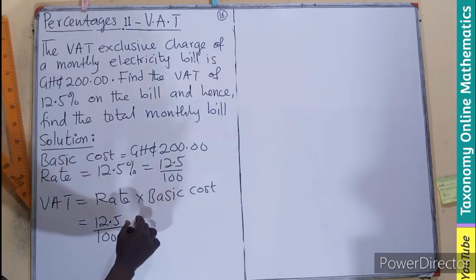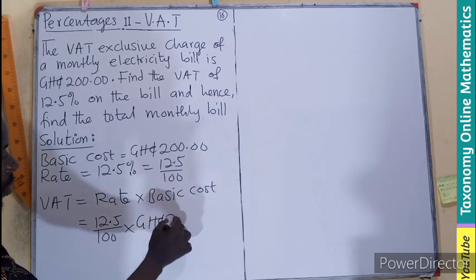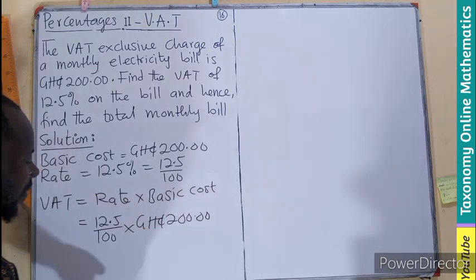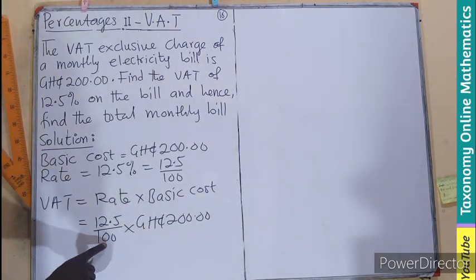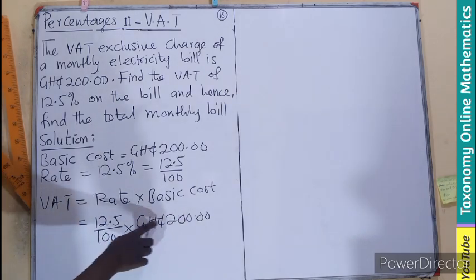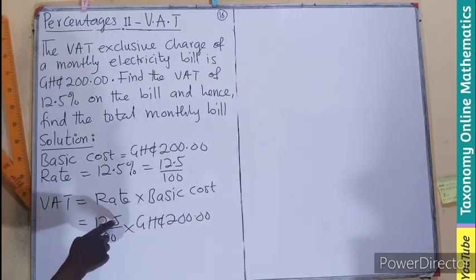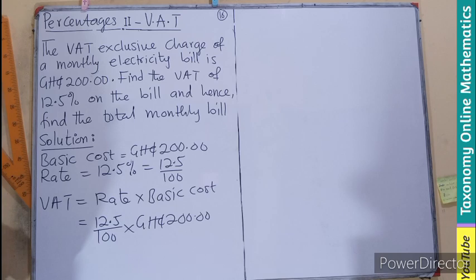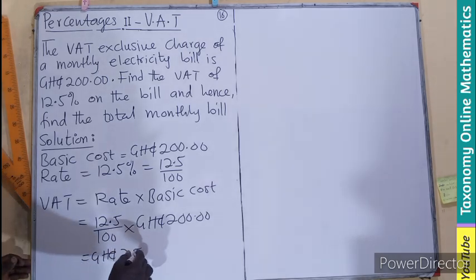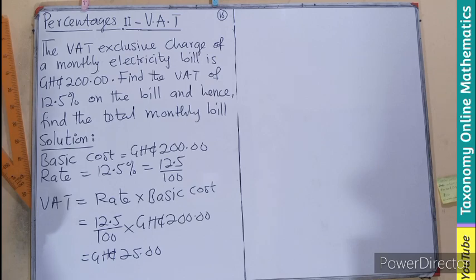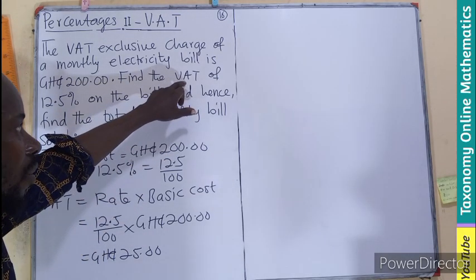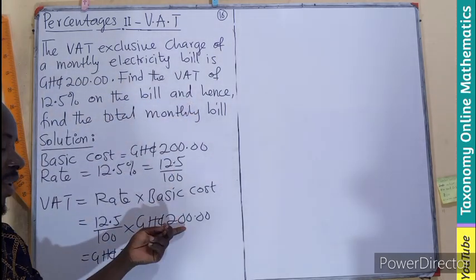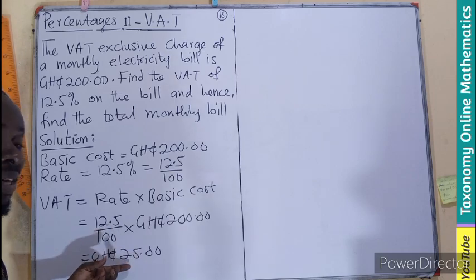The basic cost, which will be 200 cedis. So here, these two zeros will cancel this. 2 times this is actually 25 over 2 times 2. So we will be left with only 25 cedis, meaning the VAT that you are going to pay on every 200 cedis is going to be 25 cedis.